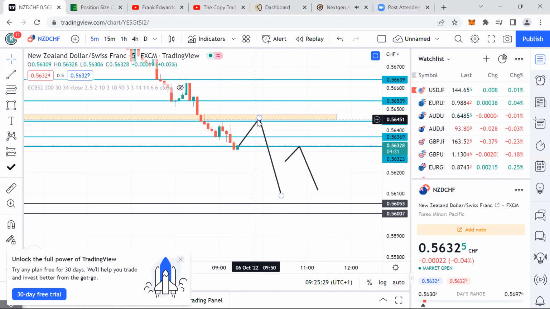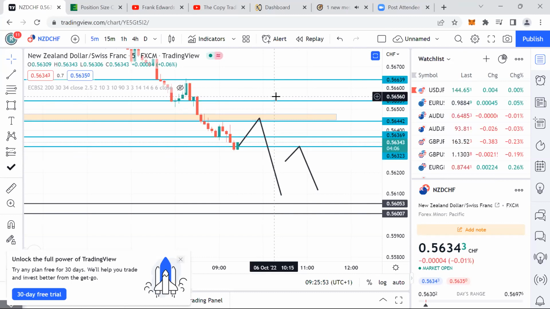If we enter here, this next one is 0.56539, that will be our stop loss. Maybe you can add 5 pips to it. That will be 0.5658. Yeah, just a little bit above it.